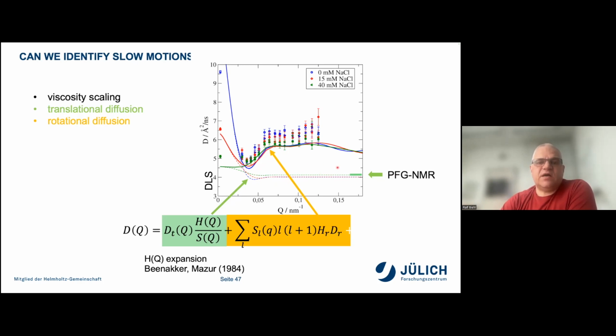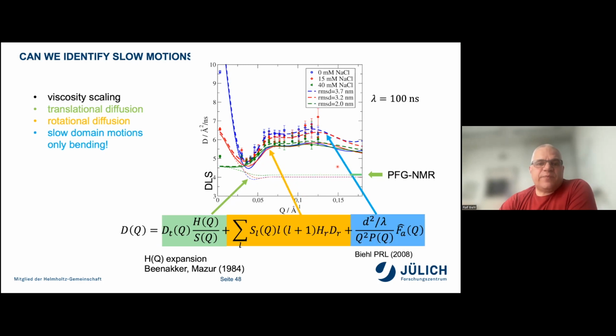For that, we now add an additional term for internal motions. As already mentioned, we cannot really discriminate amplitudes and relaxation times here, and therefore we calculate this just for an assumed relaxation time of 100 nanoseconds.